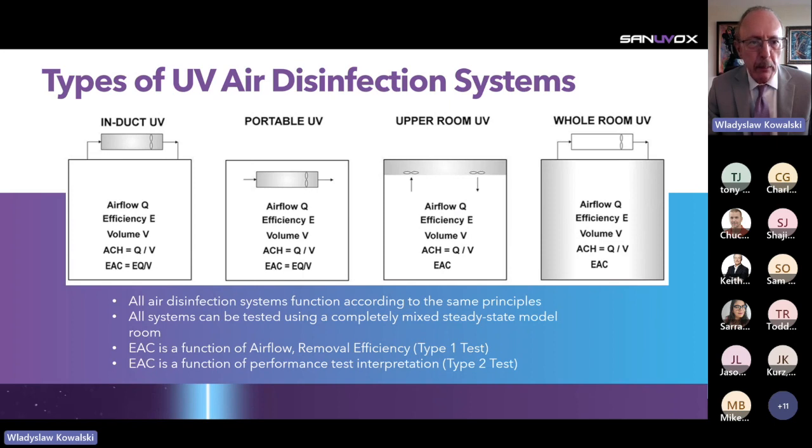There is at least one published test result showing whole room UV performance under these conditions. It too will have an equivalent air exchange, which may be higher than the actual recirculation airflow, and these values can be determined as a result of the performance test results.